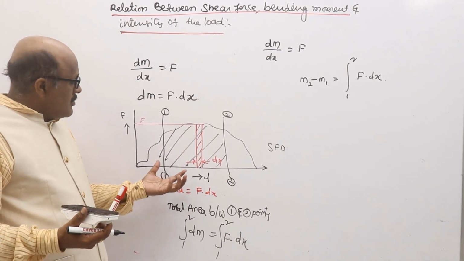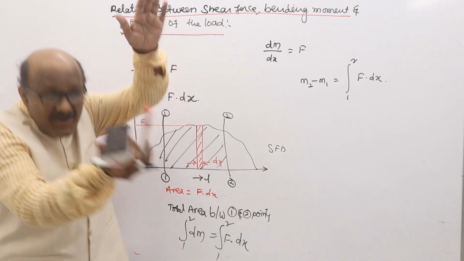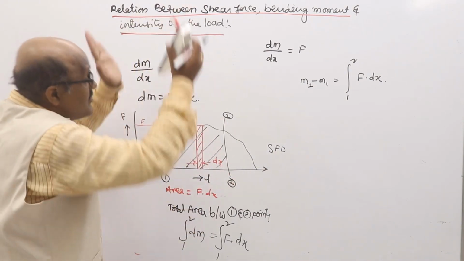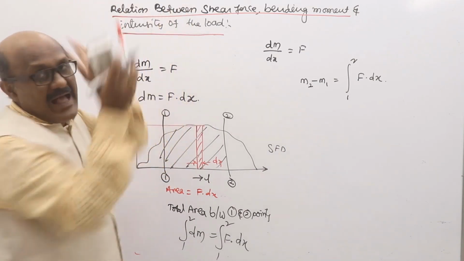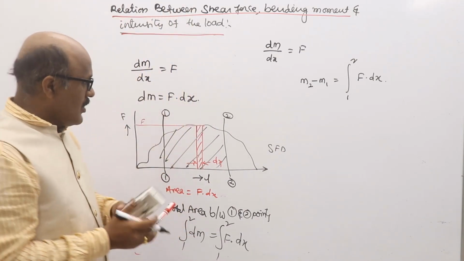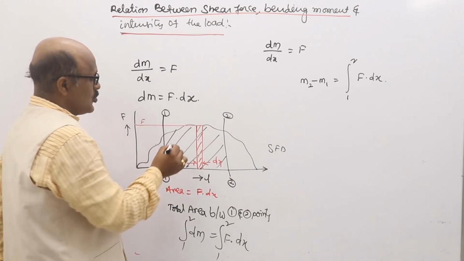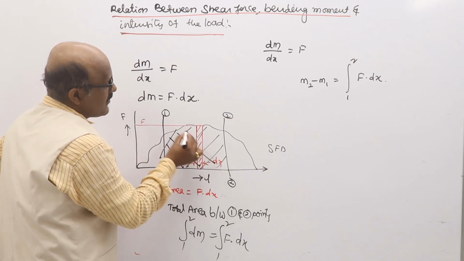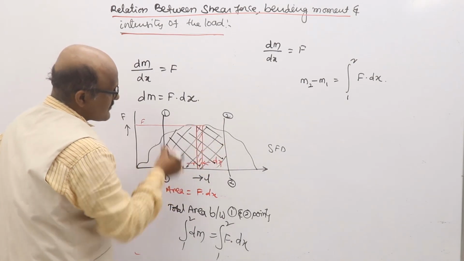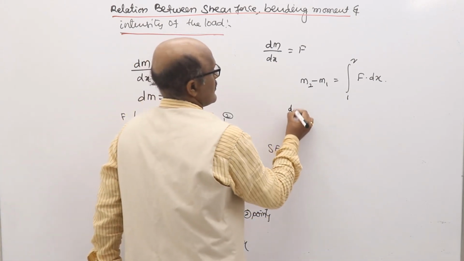So bending moment between these 2 points is equal to whatever the area between the 2 points in the shear force diagram. That is the fourth point.